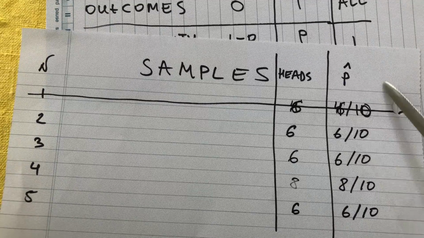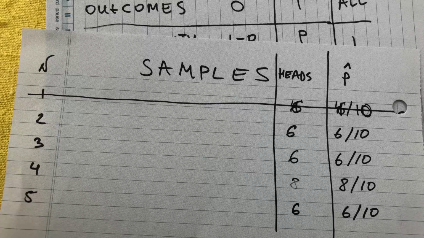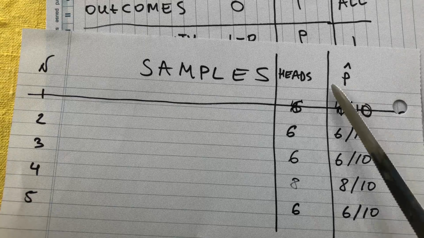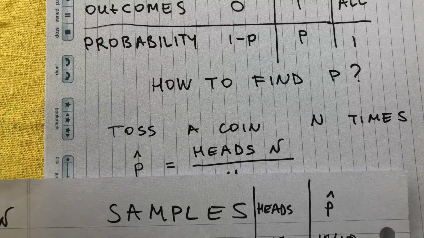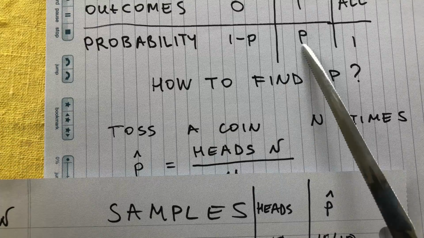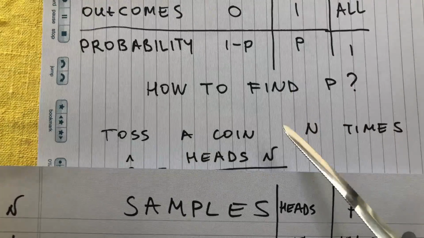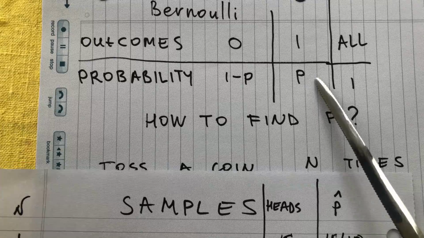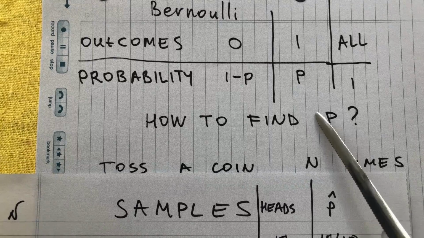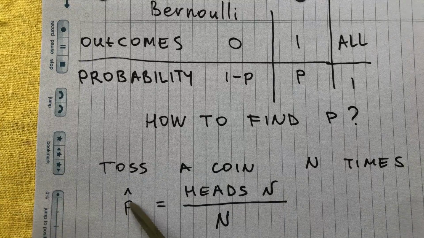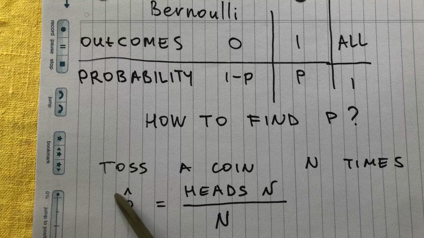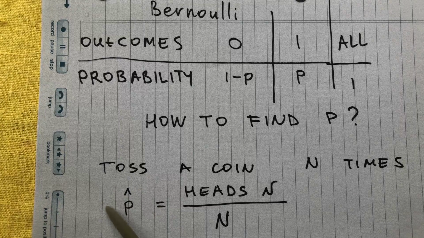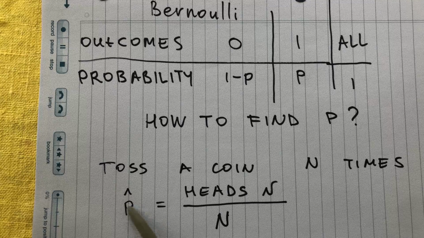And it has its own distribution. When we're estimating the probability corresponding to the Bernoulli distribution, we observe some phenomenon and try to estimate the probability, and we'll end up with this probability itself having its own distribution. It is a random number itself.